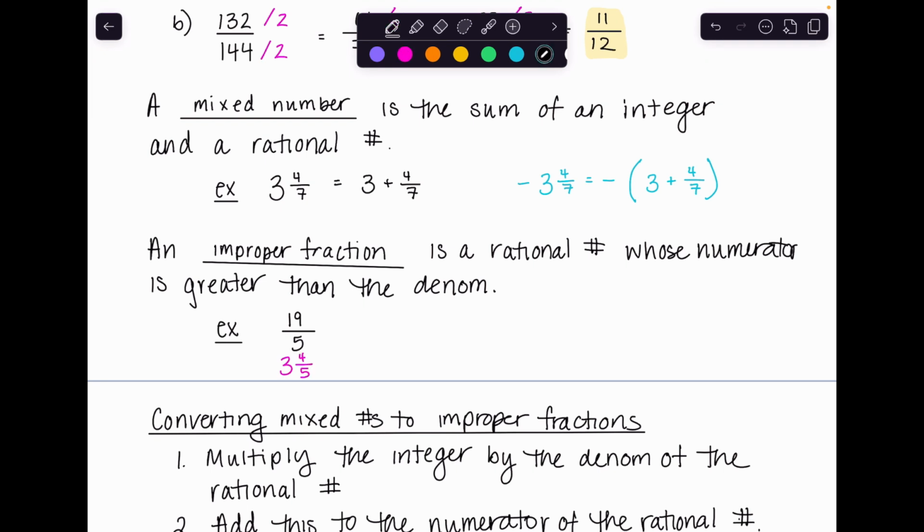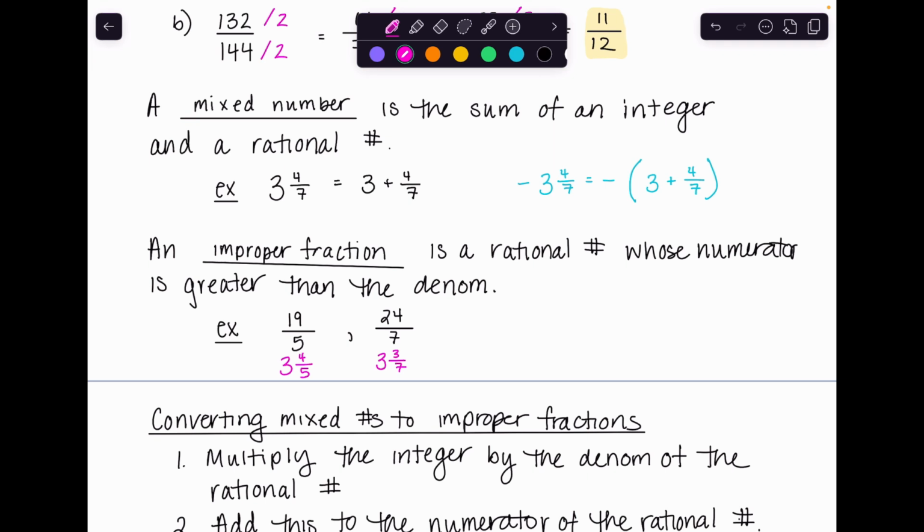Okay. Another example is 24 divided by 7. Well, in that case, if you tried to plug that into your calculator, you'd get 3 point something. So 7 goes into 24 3 times. And if you do that, 7 times 3 is 21. There is 3 left over.